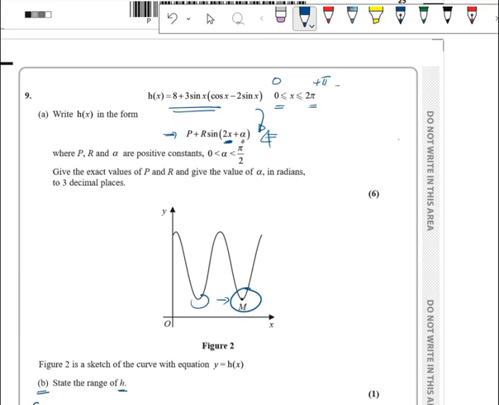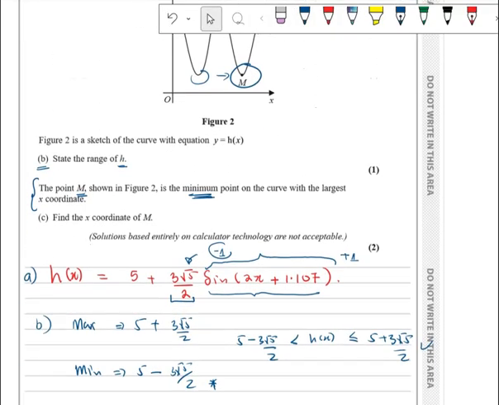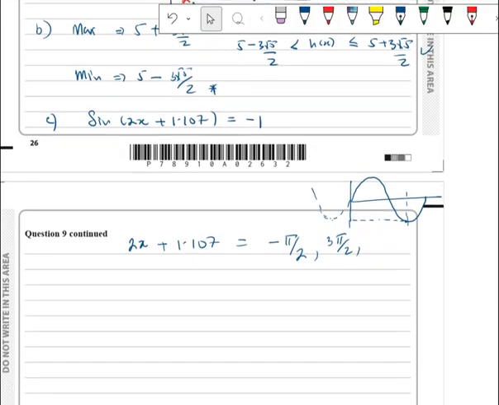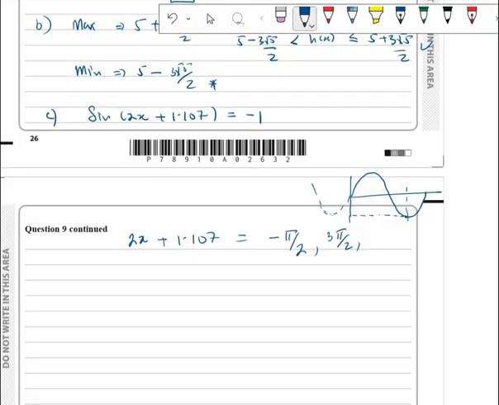That means we need to get more angles. So we go ahead and find the next angle. You're going to add 2 pi to get this other angle over here, and when you add 2 pi, you're going to have 7 over 2 pi.